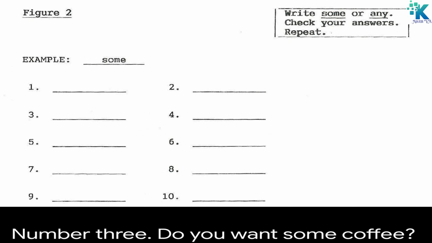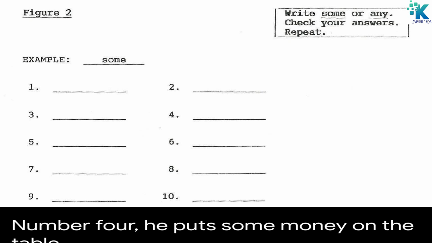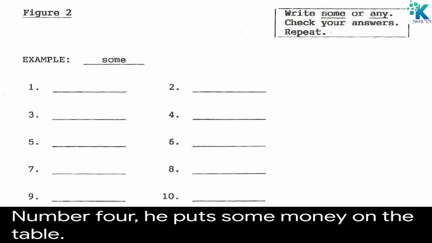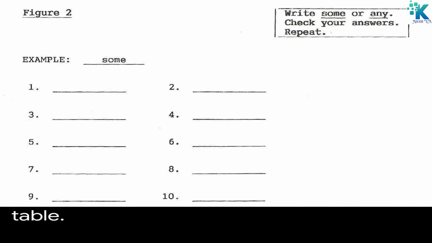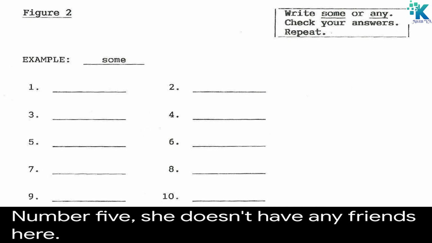Do you want some coffee? Number 4. He put some money on the table. Number 5. She doesn't have any friends here.